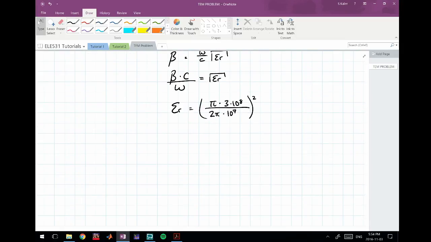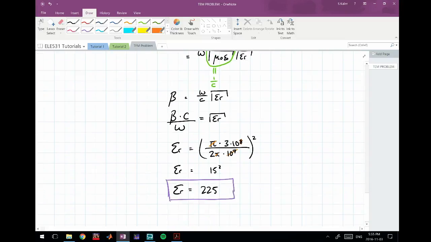And so now what I can do is cancel out the pi with the 2 pi. 10 to the 7 gets rid of this 8 and leaves that behind. And so I'm left with 3 over 2 times 10, which is 15, squared. So I have 15 squared, and this is epsilon r. So epsilon r is 15 squared, which is 225. And this is a relative value, so it's dimensionless, and that is our final answer for epsilon r.